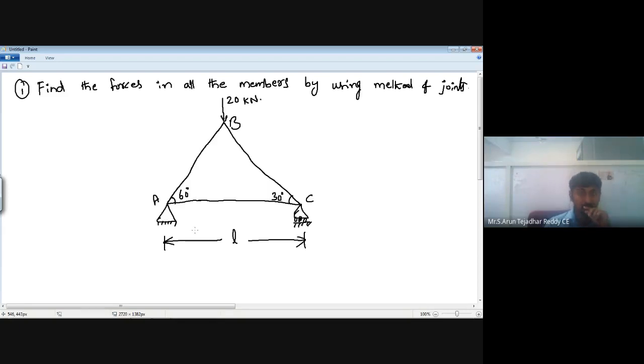This is your diagram. Find the forces in all the members by using method of joints. I have to draw this diagram.